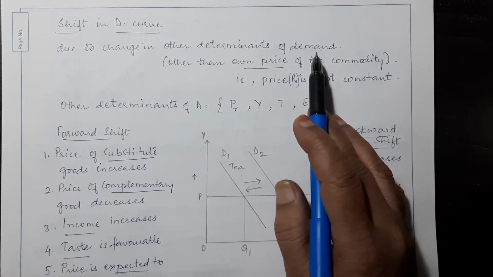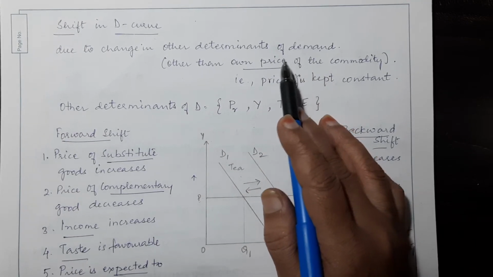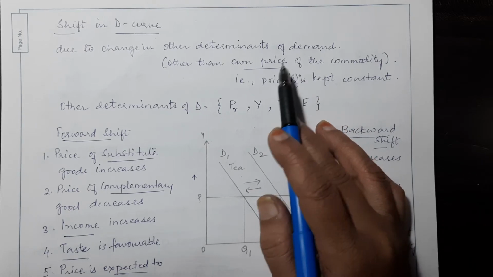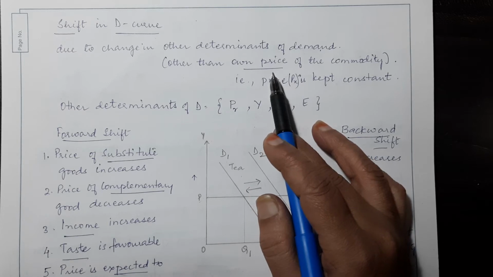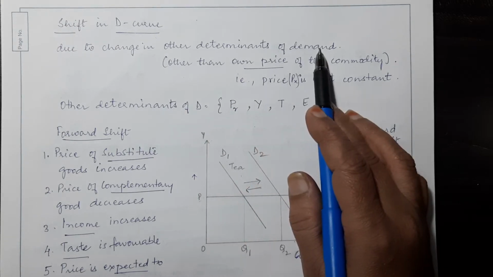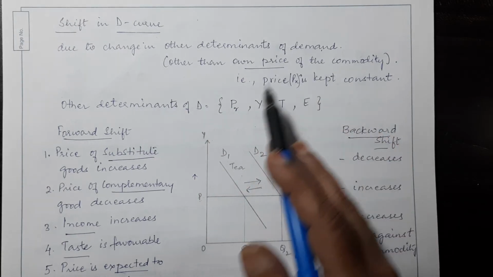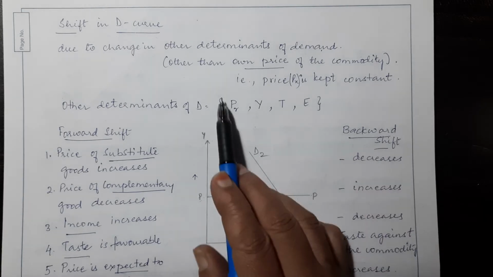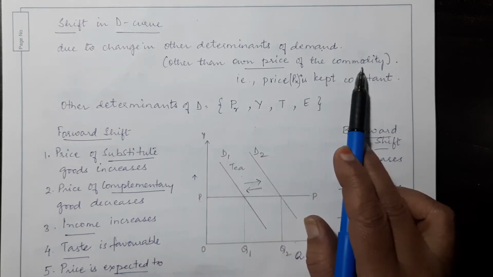Now in our previous videos we learned there are 5 determinants of an individual demand. The first one being the own price of the commodity, which causes contraction and expansion in the demand. Now the other determinants would cause a shift in the demand curve, which could be to the rightward or to the leftward. So what does other than own price of the commodity mean?